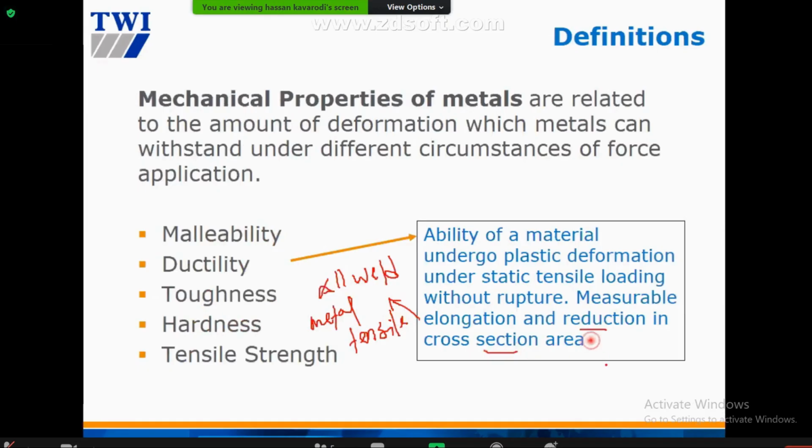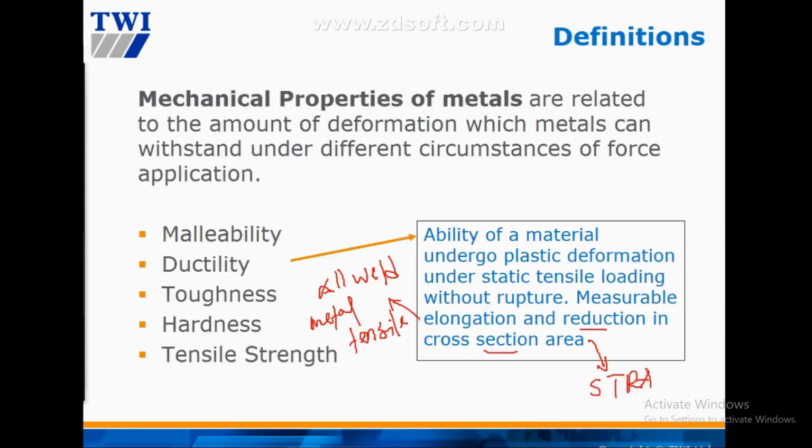That's what you get in STRA, remember? So remember guys, in order to get ductility, there are two ways. One is using the all-weld-metal tensile. Another is using STRA, but they have different measurements. One from elongation percentage, another from CSA, cross-section area, okay?